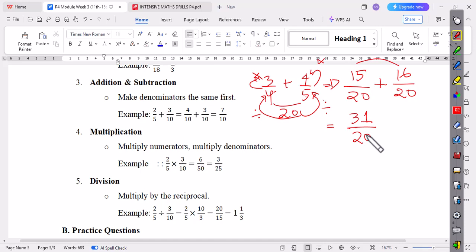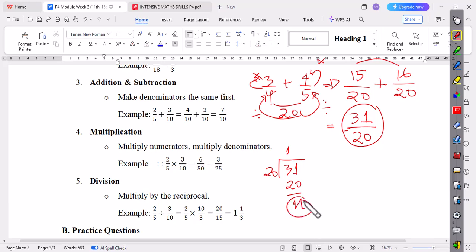The simplest form of this fraction is by changing it into a mixed number. To change this fraction into a mixed number, we just need to divide 31 by 20. We got 1, and the remainder is 11.